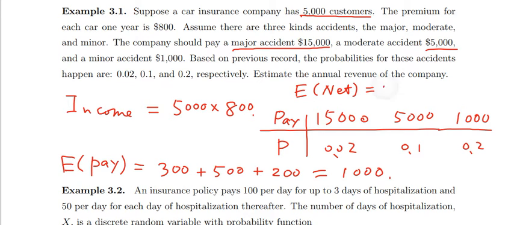So they should pay $200. We put a negative because for the company this means the company should pay out so much, right? So the annual revenue is negative. So each one they should pay this, and this multiplied by 5,000.